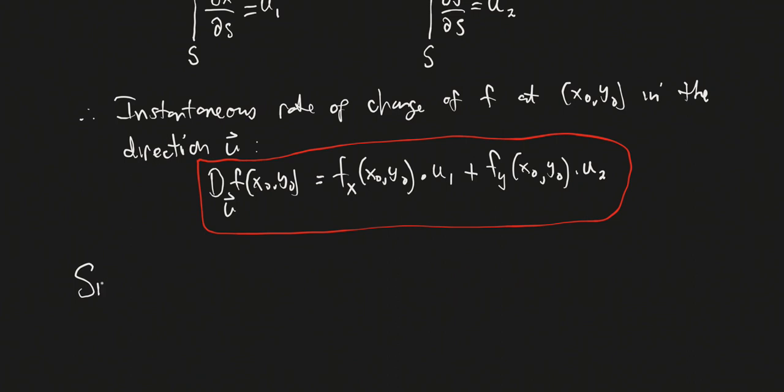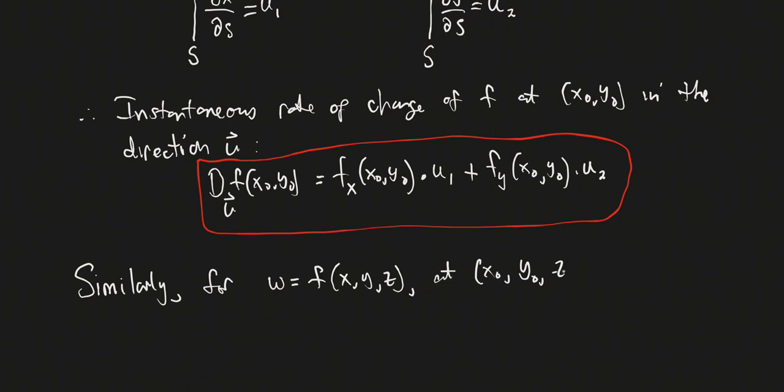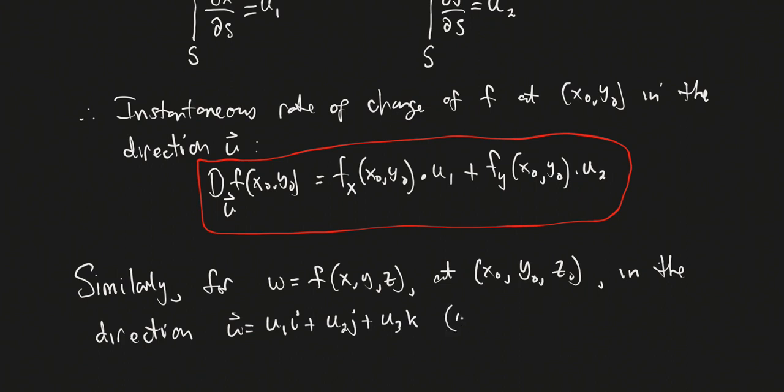And these are actual theorems, and we essentially just gave the proof of the theorem above, but I'm going to be a little bit informal today, so I'll just say similarly, for let's say w equals f of x, y, z, at x0, y0, z0, in the direction u equals u1i plus u2j plus u3k, again, unit vector, that's important, that comes from our initial definition.